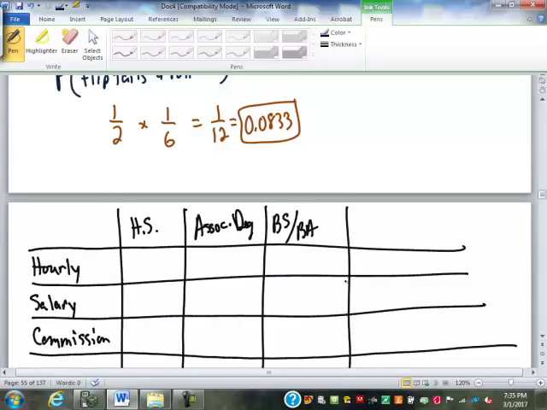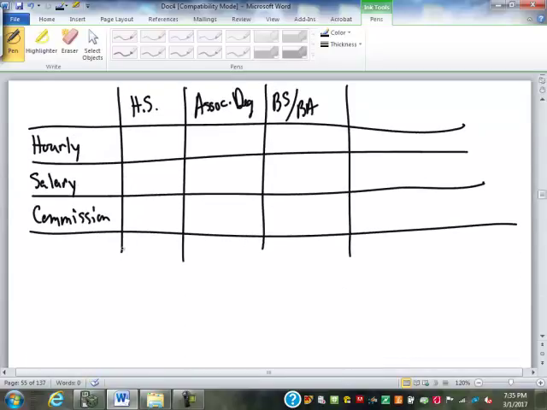So let's say that of the employees that have a high school education, I should say, we have 114 of them work hourly, 6 work on a salary, and 4 work on commission.